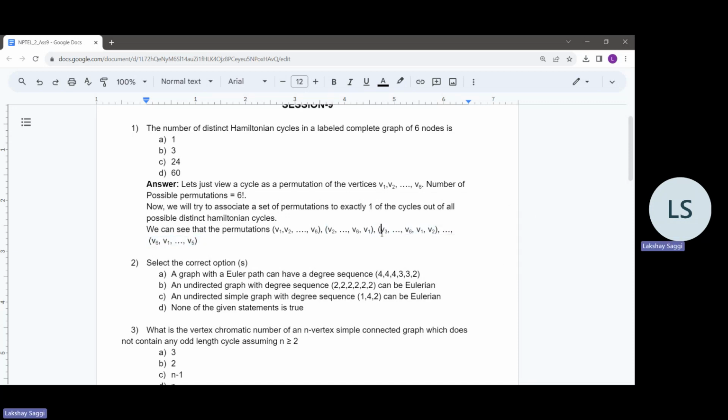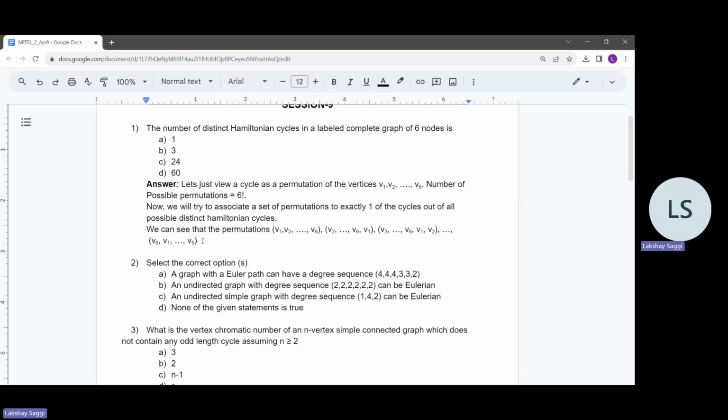Similarly, if we start from the third vertex, it will be nothing but V3, V4, V5, V6, and then we come to V1, V2. Although all these permutations are distinct, it can be noted that all of them correspond to the same cycle. Like in the last permutation here, we just started counting from V6 and then we came across V1, because the order of V1 to V6 is maintained in the cycle, and then we counted till V5.